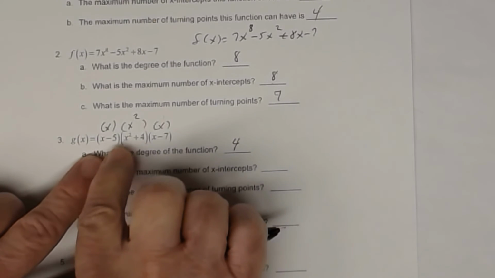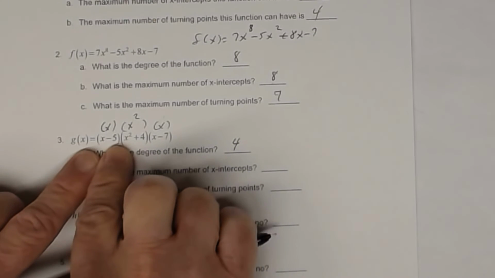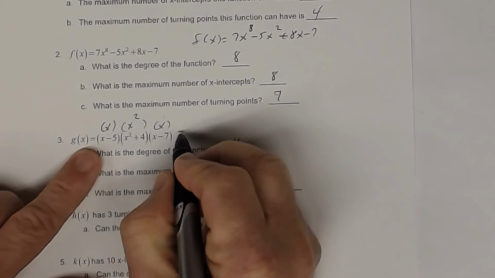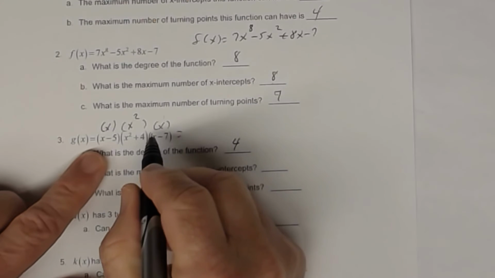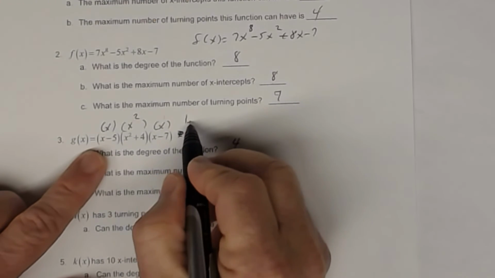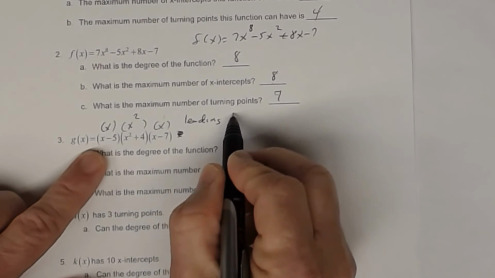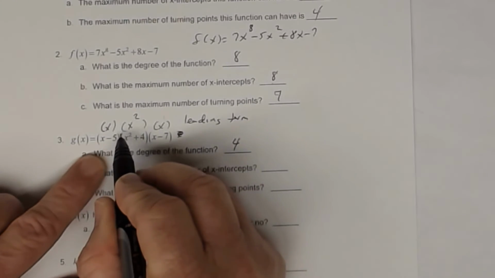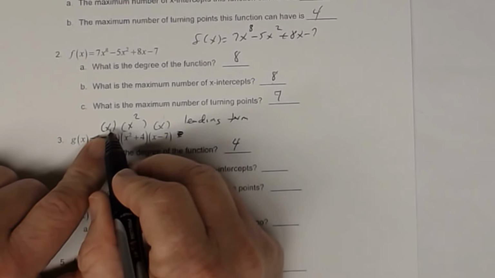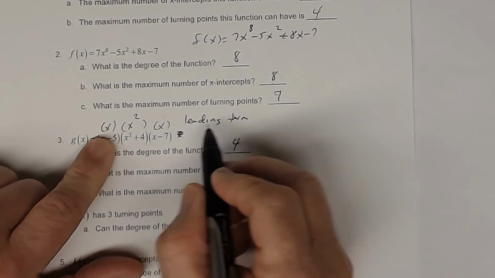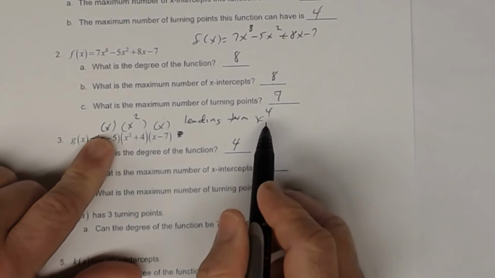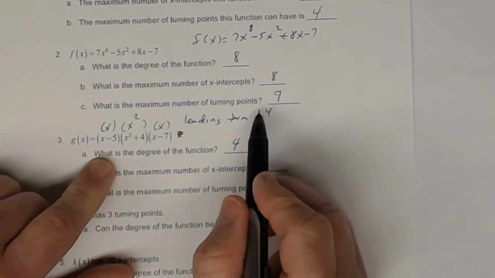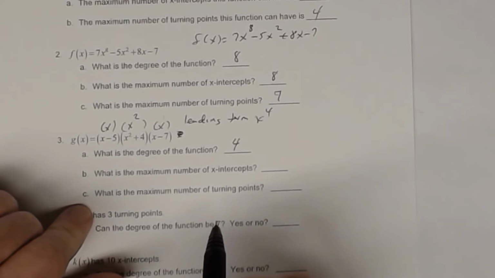And then there was a worksheet. I don't think it was one that you had to turn in, but there was a worksheet where you had to indicate the leading term. If you were to multiply this out, but you would not, the leading term would be x times x squared times x, which is x to the 4th, which is degree 4.